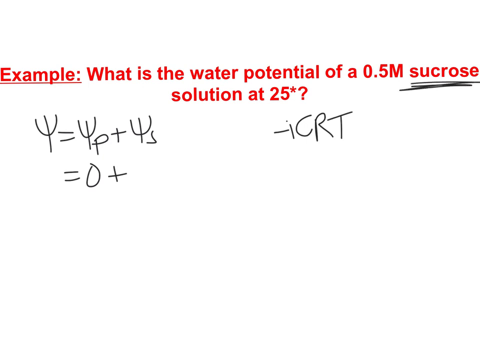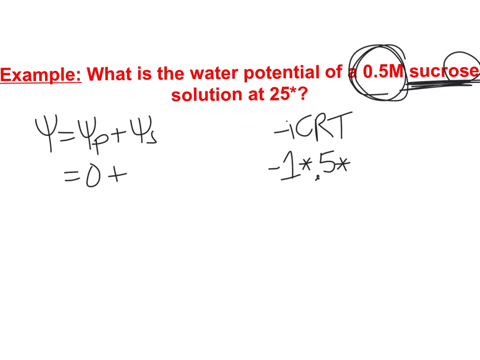This example is sucrose. Anything that ends in ose is a sugar. My sugar does not split apart, so my I value will be 1. Next is C. C is concentration in moles. Here it is, 0.5 molar.